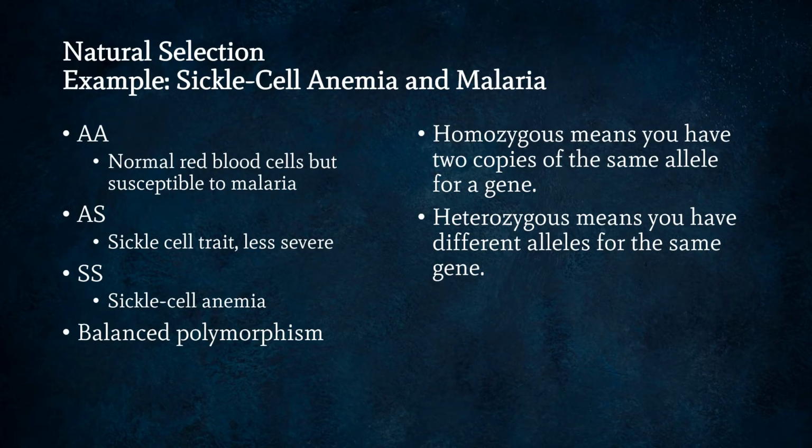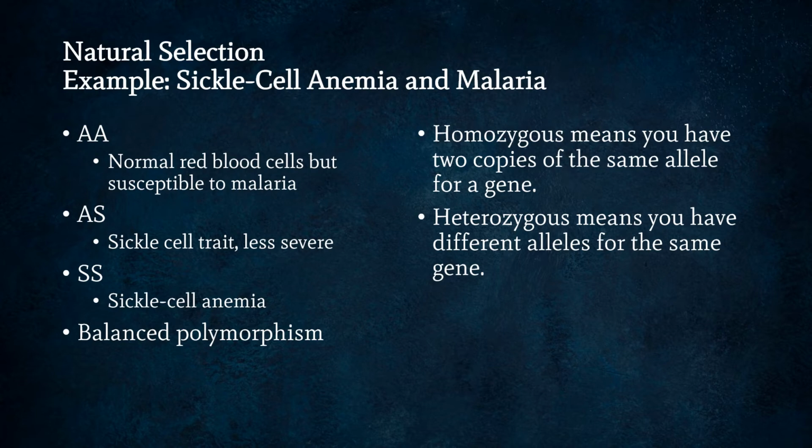So going back to a simple review of what we're talking about, homozygous means you have two copies of the same allele of a gene. Heterozygous means you have different alleles for the same gene. So here we're seeing two homozygous versions and one heterozygous. Homozygous dominant would be the AA, so two normal copies of the hemoglobin gene with no mutation. You have normal red blood cells.